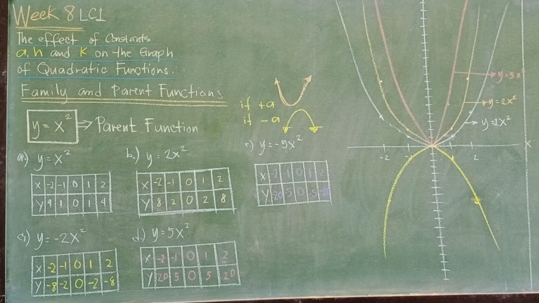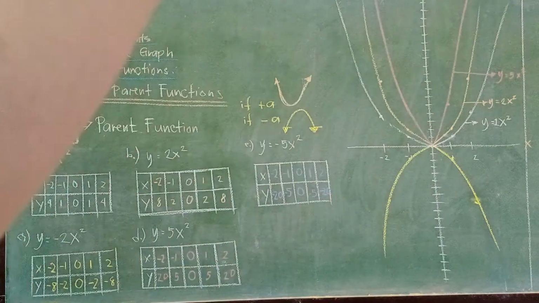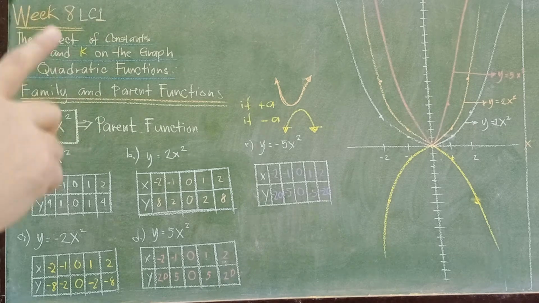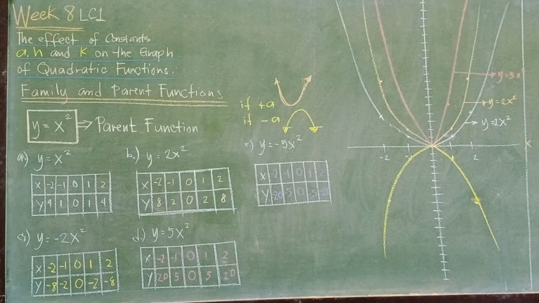Hindi lang nilalagay, in-omit na kapag 1, pero 1 yung A natin doon. Yung A na 1 yung may pinakamalaking opening na graph, and then yung 5, siya yung pinakamanipis. So if we will generalize yung nakuha nating info diyan, kapag mas mataas yung A, mas nagiging slim yung opening ng graph natin.